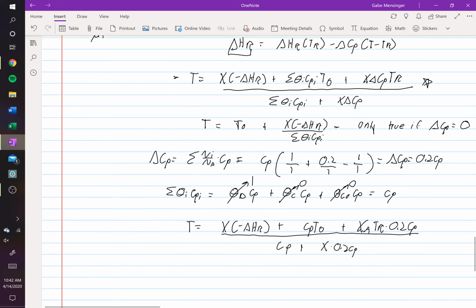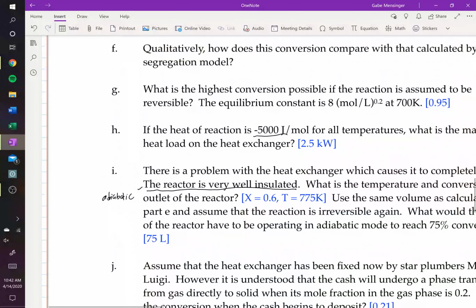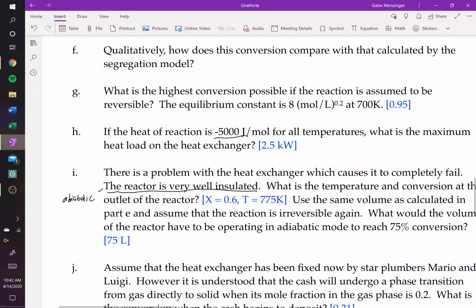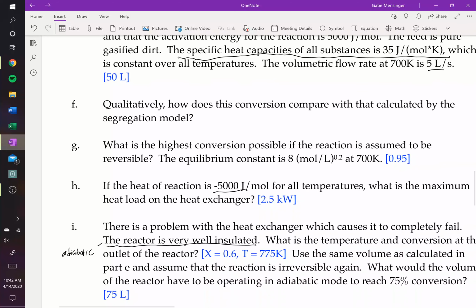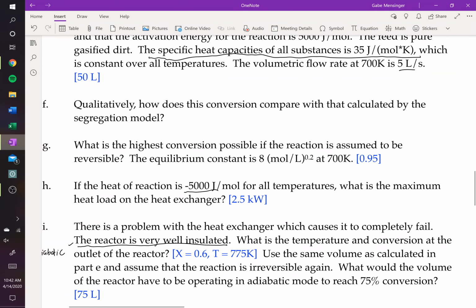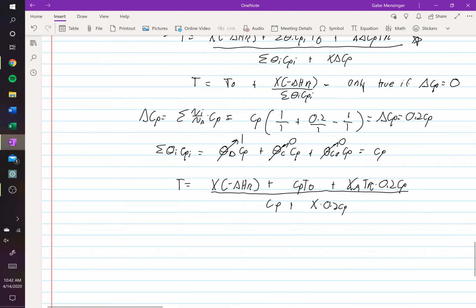This TR depends on the temperature that our values were given at. In this case, we can say that the reference temperature is just, I want to say, 700 Kelvin. I believe so. It says for all temperatures. Yes. It should be fine for 700 Kelvin. I guess I can check mine to make sure. That's what I did.